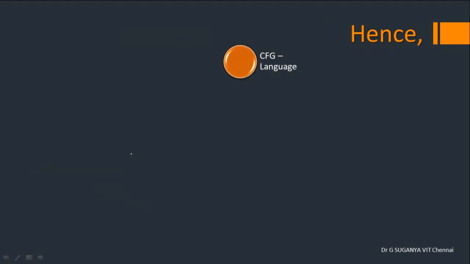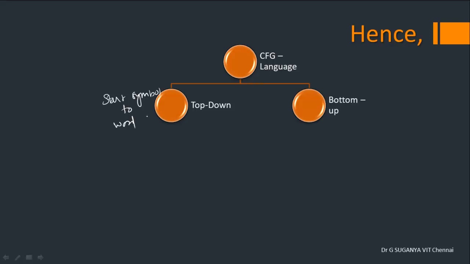To consolidate, we have the context-free grammar. In order to identify whether the given set of words belong to the language of the CFG, we have two approaches. One is top-down. Top-down means from start symbol to word. Then we have bottom-up, so this is from word to start symbol.